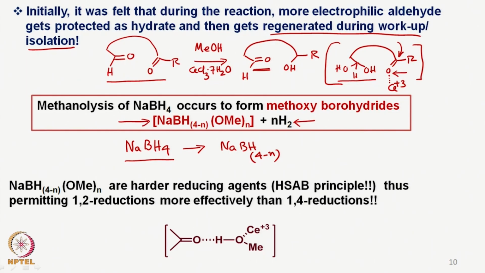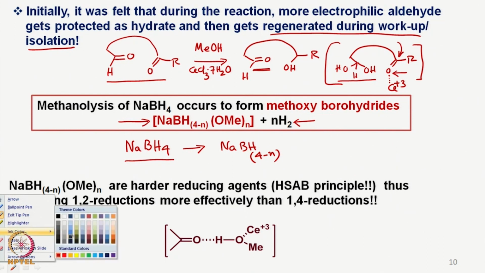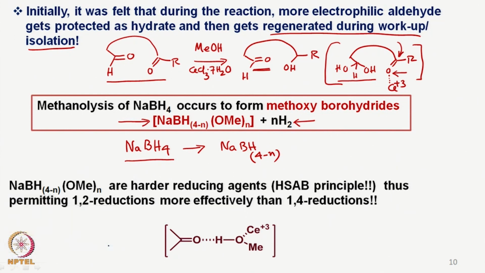So, these are the methoxyborohydrides which are expected to form at this particular junction when sodium borohydride is used in methanol along with cerium salt.